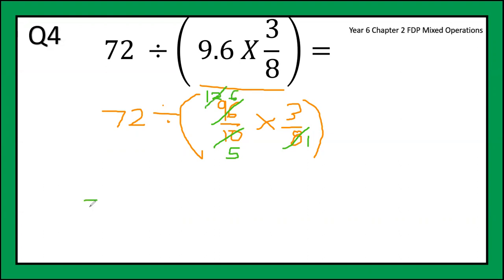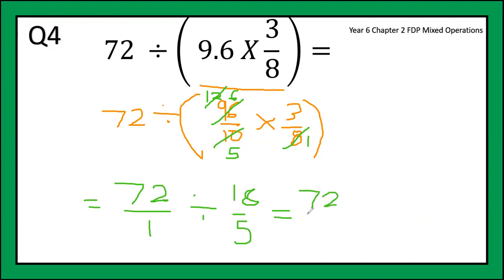So now if you rewrite your question, it's going to be 72 over 1 divided by 6 times 3 over 5. This is going to give you 18 over 5 times 1, 5. Of course, change this to become 72 over 1 times 5 over 18. Simplify again. Okay, I'm going to divide by 6 this time.